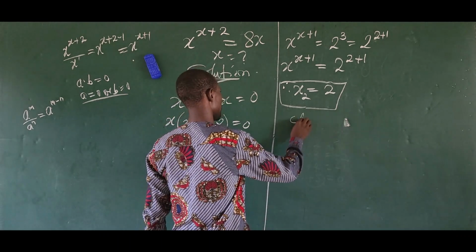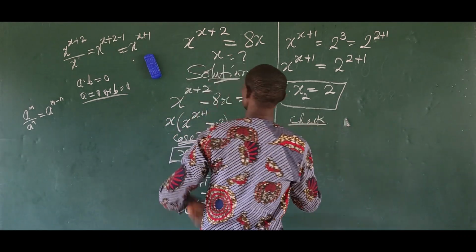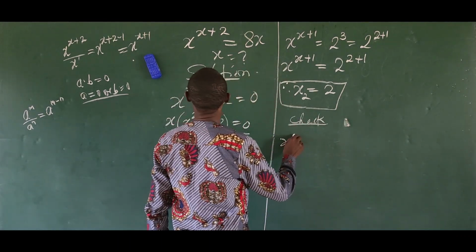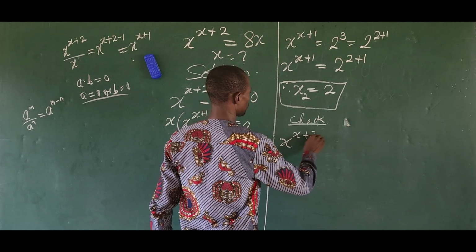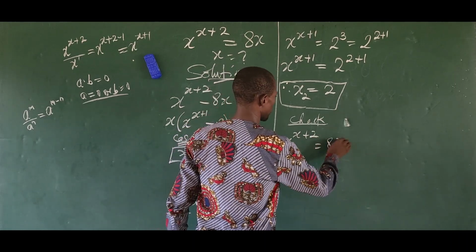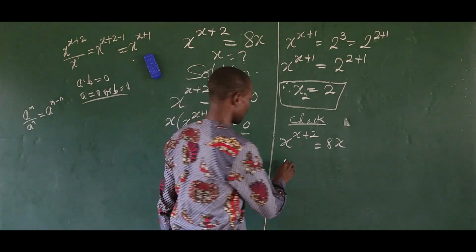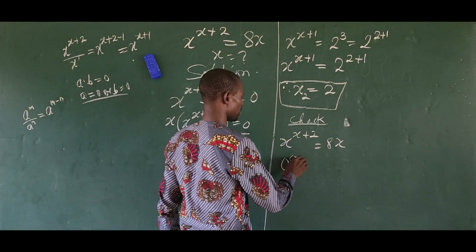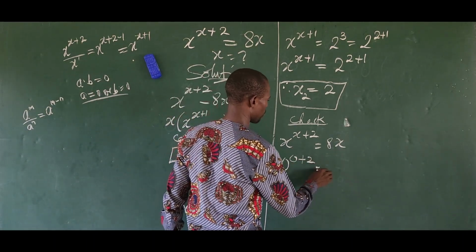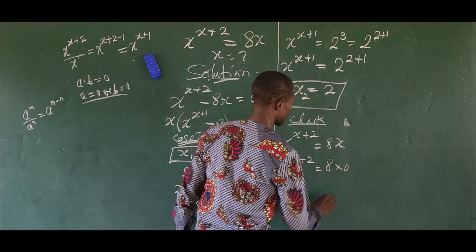So we do a simple check. We have x to the power of x plus 2 equal to 8x. If we take the first one, which is x equal to 0, then we have 0 to the power of 0 plus 2 equal to 8 times 0.